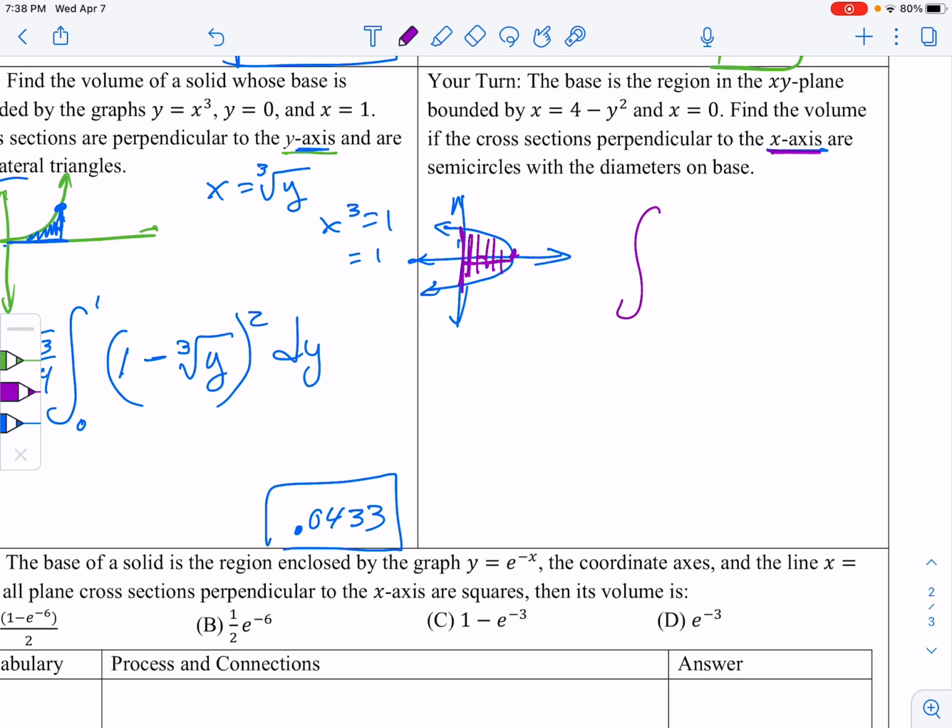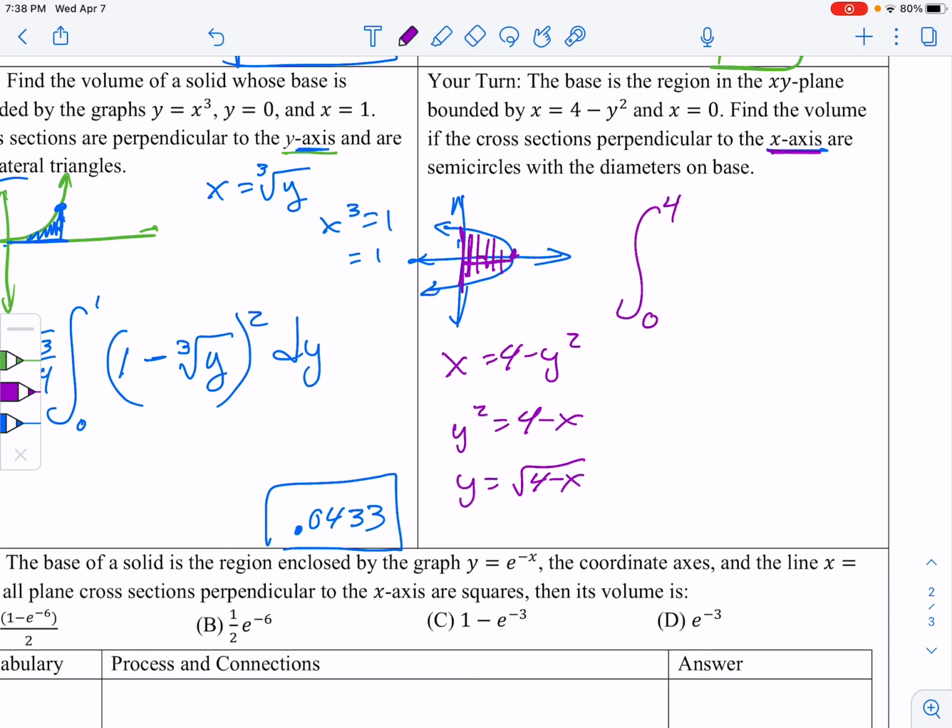I graphed it that way, but I have to solve this. You get y squared equals 4 minus x, so y is equal to the square root of 4 minus x. And that's only the positive root in this case. So you're going from 0 to 4, because that's the point right there.